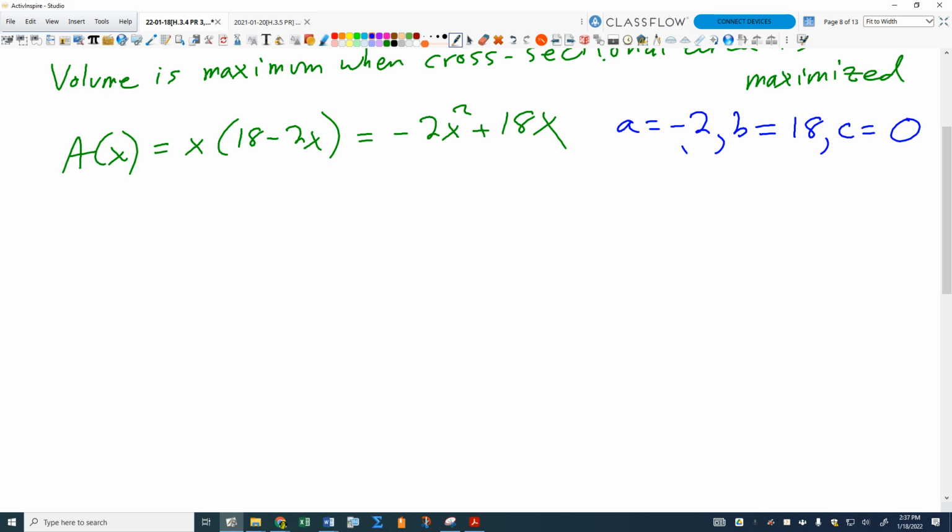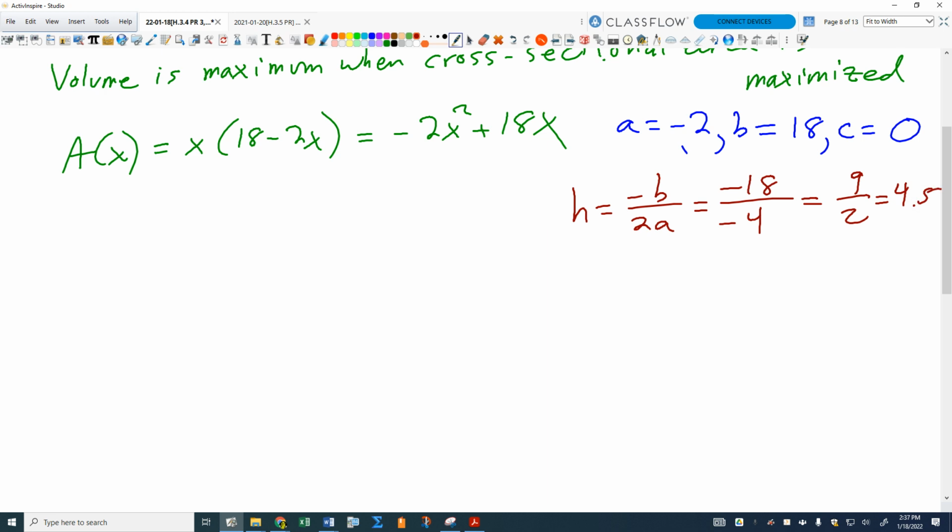Okay. So then we know h is -b over 2a, which is -18 over -4, which is just 9/2. If I want to write that as a decimal, it's 4.5.